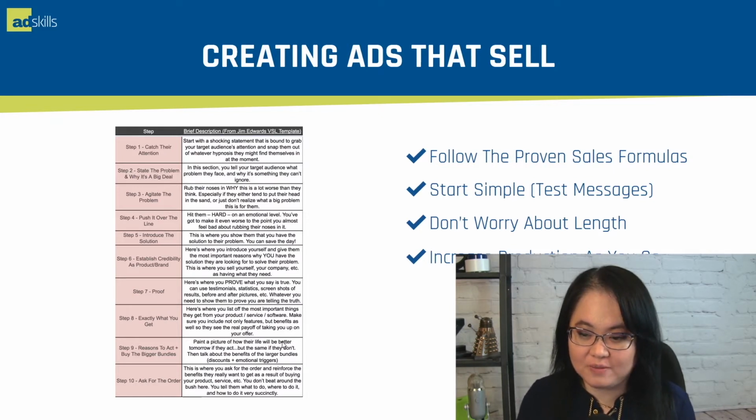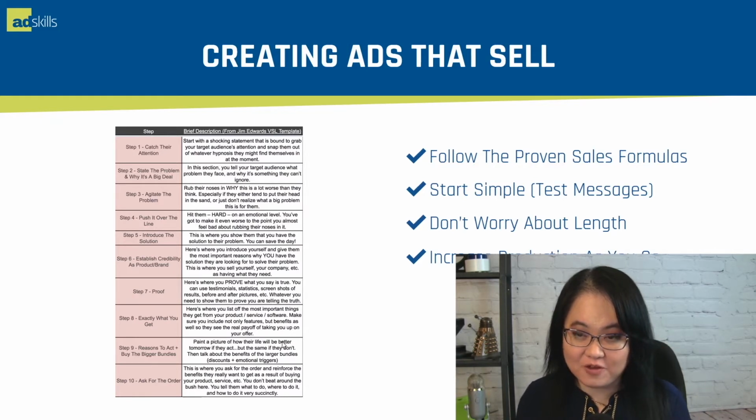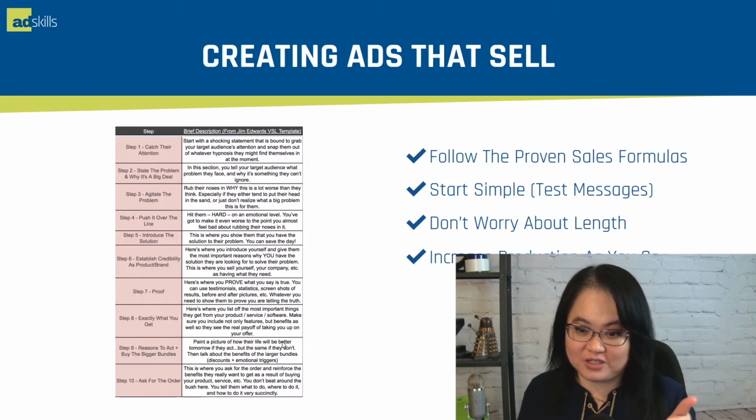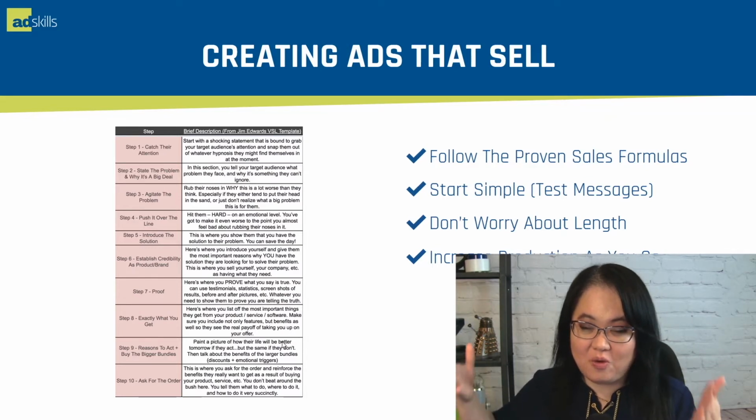And this is actually from Jen Edwards' VSL template. And it's very powerful because what are VSLs designed to do? They're designed to help you change your state from one to the other. So by the end of the video, you are ready to buy. So we just have to apply that template to the text of the ads.